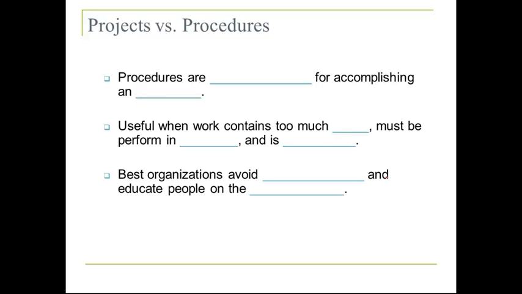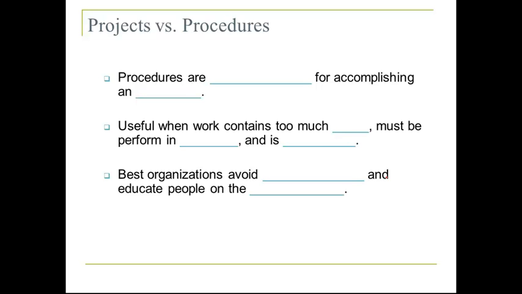Finally, procedures. Procedures are used a lot in the pharmacy industry. You'll find what are called SOPs, which are standard operating procedures. You'll see that for cleaning, they have an SOP.